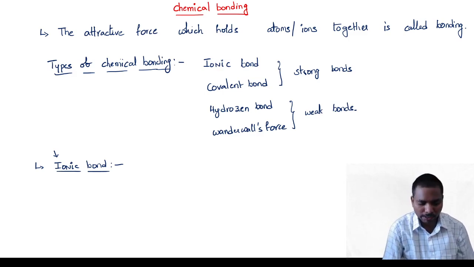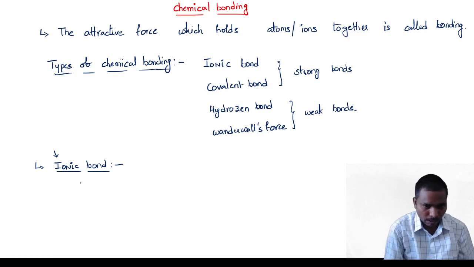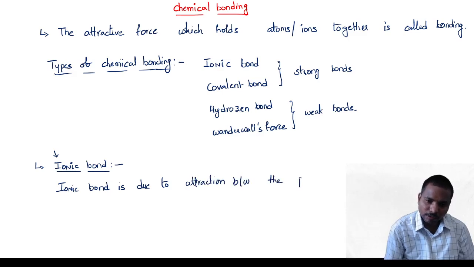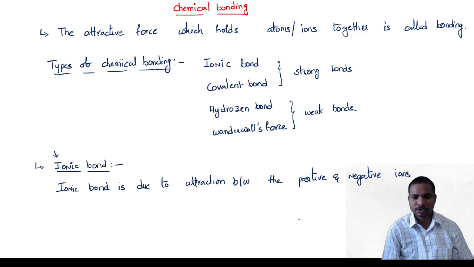Here, ionic bond is due to attraction between the positive and negative ions.